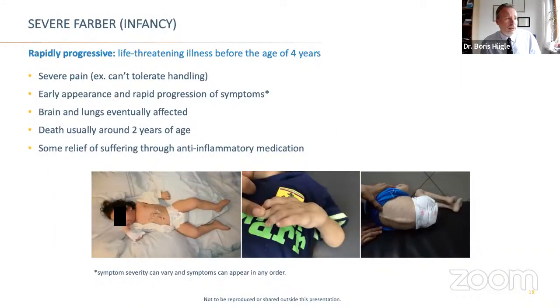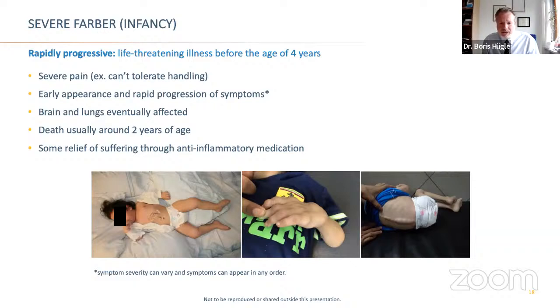All right, so the early form occurs shortly after birth, and it has a very severe course. The patients have a CNS involvement, growth, mental retardation, quickly develop nodules. They usually have pulmonary involvement as well, and these patients are in severe pain from the inflammation. Usually die within the first years of life.